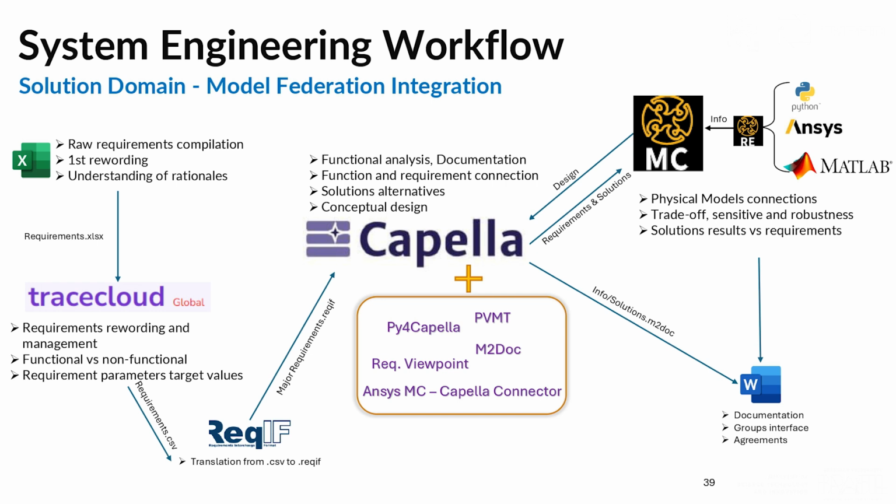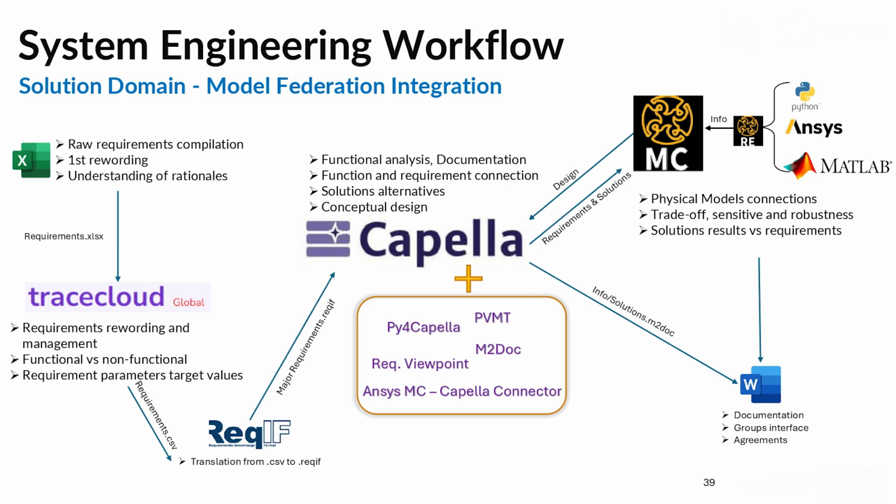In Capella, there's the whole body of our operation. We have from the functional analysis, from the diagrams of what our experiments will be, until the full conceptual design. And in here, I've put some of the add-ons that we mostly use.